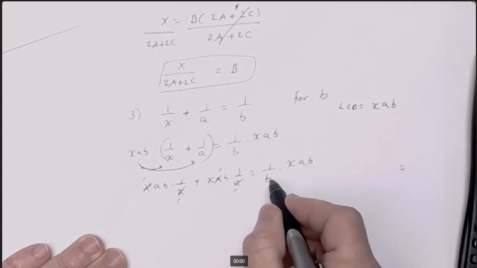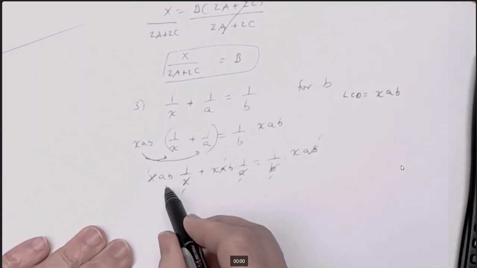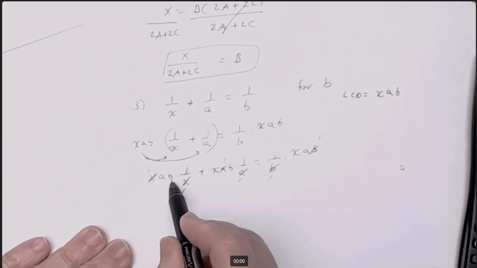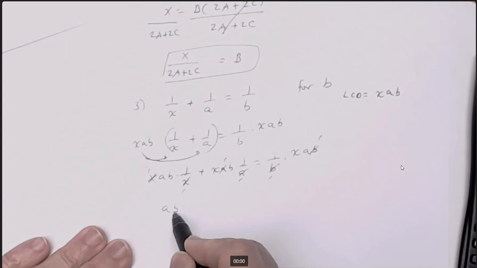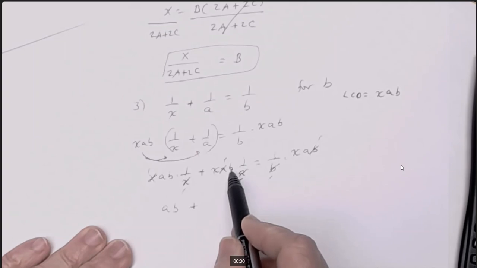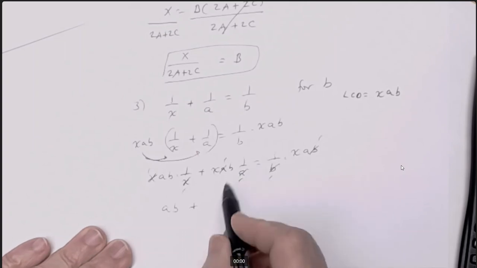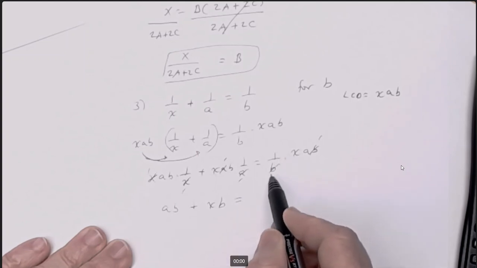And then what you have left is this. You have 1 times a times b times 1, which is just ab, plus x times 1 times b times 1 is xb, equals 1 times x times a times 1 is xa.